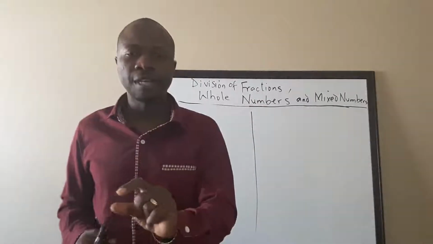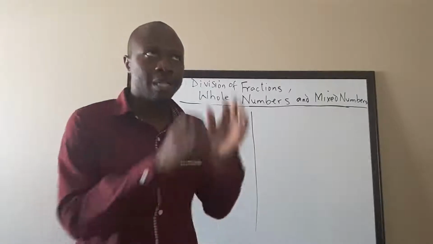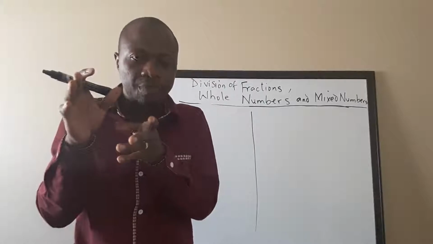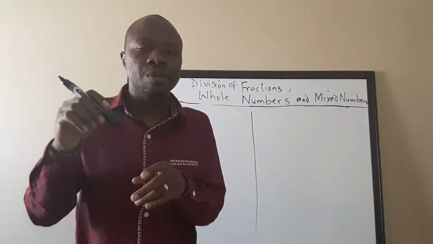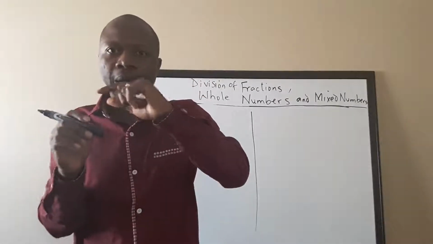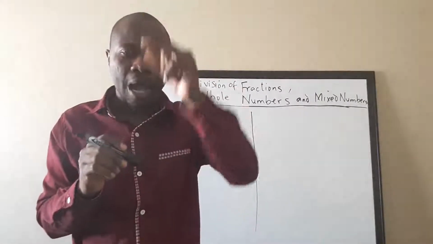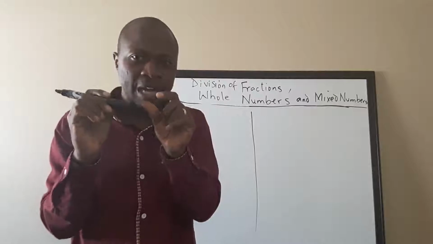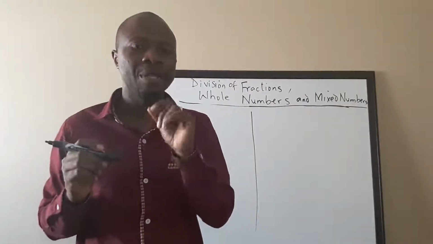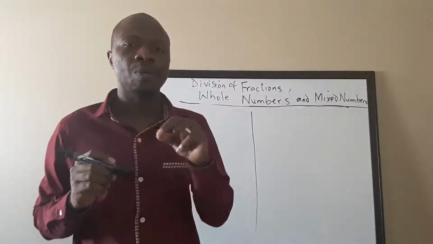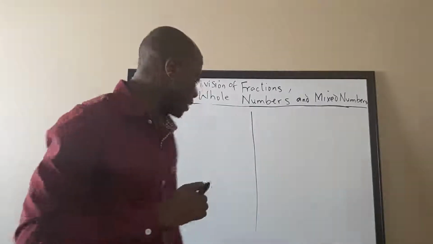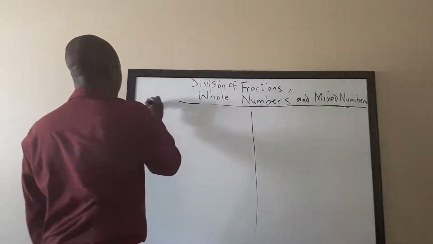The only difference is when you're writing these divided by these, that second entity, you have to make sure you reciprocate it, or make the top bottom and make the bottom top, and then you change your divide sign to your multiply sign. And then you do exactly the same thing you did when you were doing multiplication of all these items. So let's try an example here.